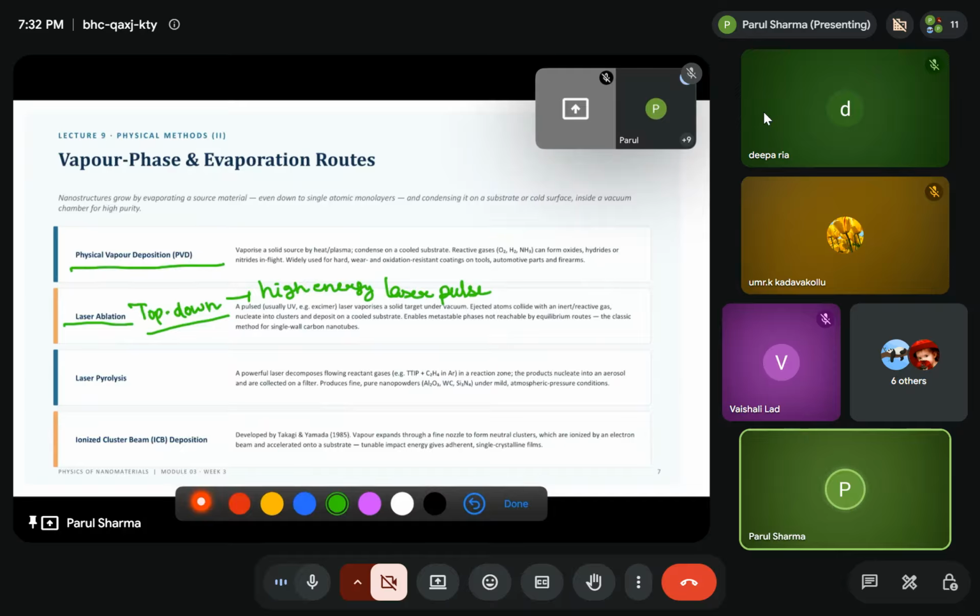So what is the process? We will have a solid target, high energy laser, then it will convert into plume, then nucleation, and then nanoparticles.